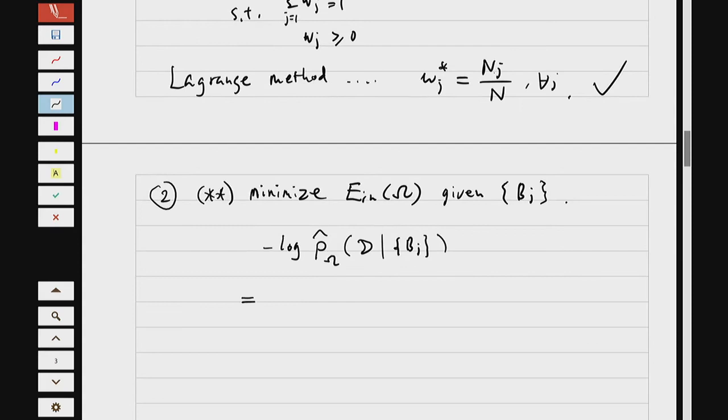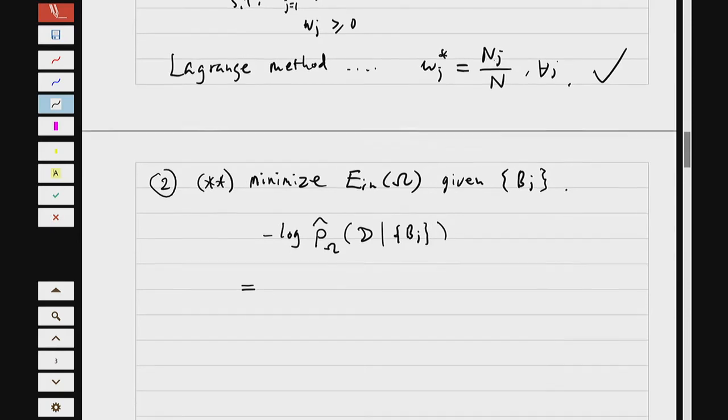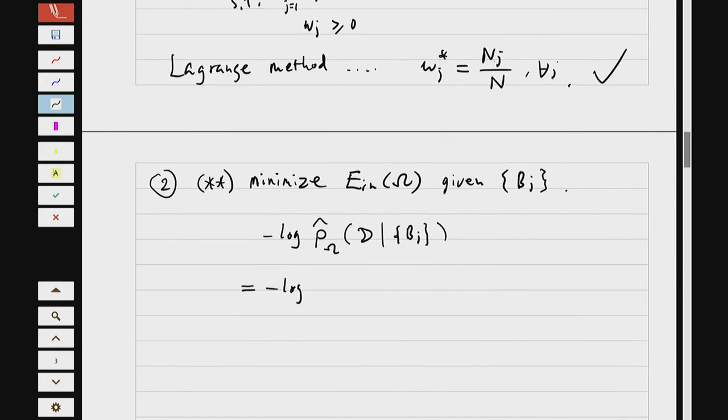So what is this equal to? This is the joint probability of seeing all of these data points. But these data points are generated independently, so we can just multiply the probability of generating each point. So this is minus log of the product, n from 1 to N, of p of generating this point given bj.